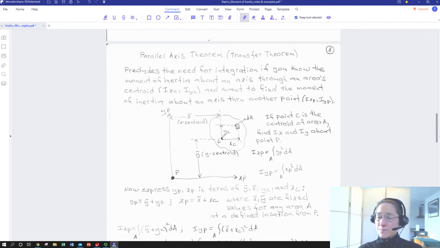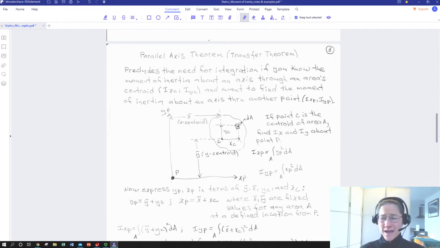So to this point, we would have defined moments of inertia as being with respect to this point. So either we're going to rotate around the x-axis and we'll look at the y-coordinate of our area, or we're going to rotate around the y-axis, so we'd look at the x-coordinate of this area, or we're going to rotate around point C around an axis coming out of the paper, and so we would look at the radial component, the r between C and dA.